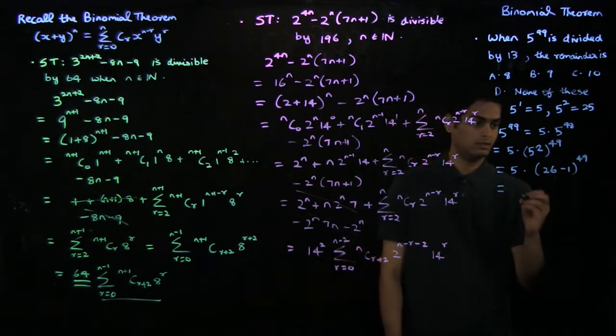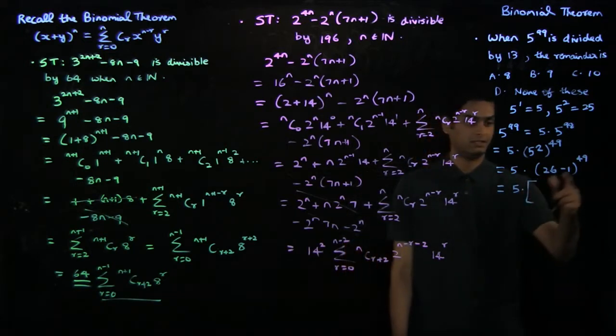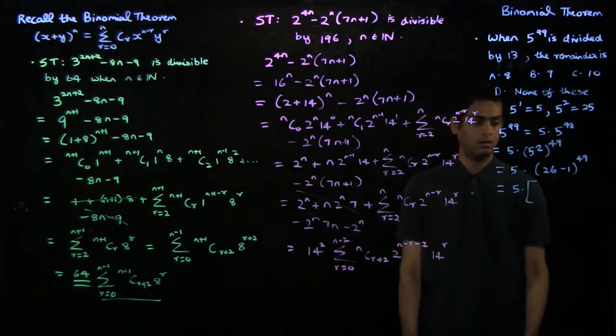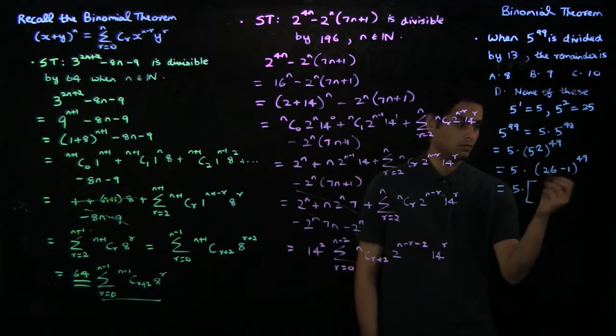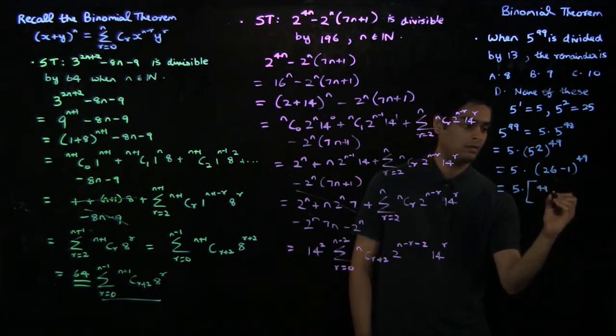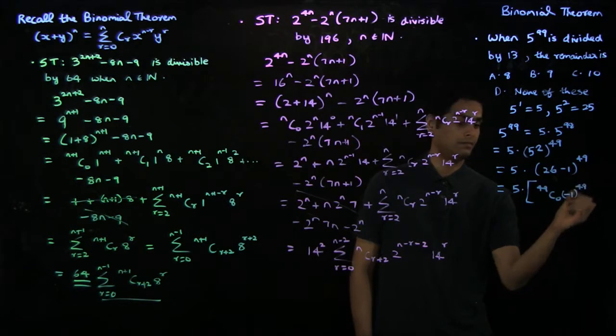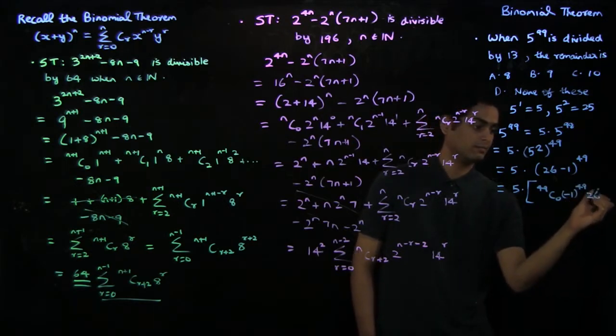So this is nothing but 5 times, and now you use the binomial expansion of (26 minus 1) whole power 49. So let's see how we can write this. It's 49C0 times (minus 1) power 49 times 26 power 0.